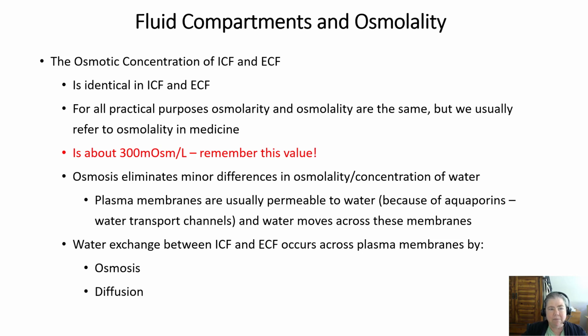We refer to osmolality in medicine because we can measure osmolality in the clinical laboratory. So the next value that I want you to remember is that osmolality in both the intracellular fluid and the extracellular fluid is about 300 milliosmoles per liter. Okay, and it's the same.